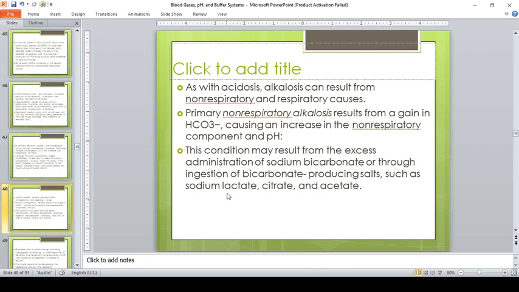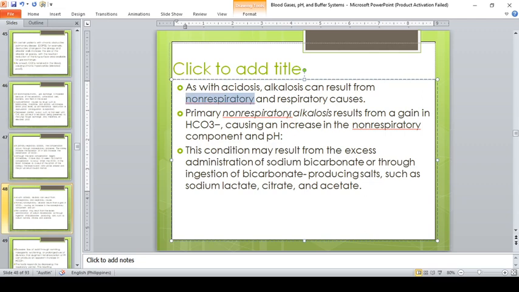As with acidosis, alkalosis can result from non-respiratory or respiratory causes. So, either metabolic or respiratory causes. Primary non-respiratory alkalosis results from a gain in bicarbonate. If you remember, the primary non-respiratory acidosis results from loss of bicarbonate. Kaya siya nagiging acidic because of the loss of bicarbonate.